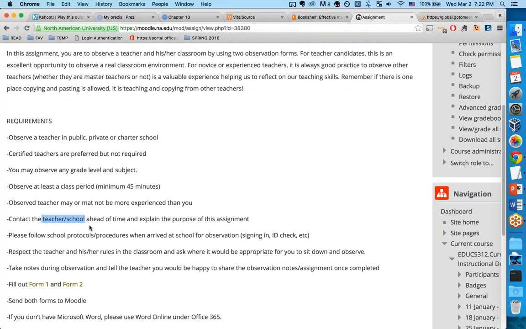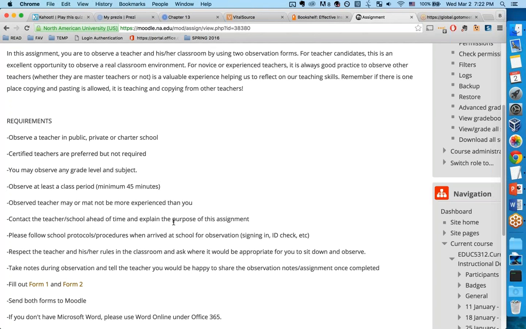You don't have to be very formal and get permission from the principal. Use your connections and reach out to a teacher, tell them about this assignment that you're working on, and explain the purpose. This should be done ahead of time, so the teacher knows what to expect.